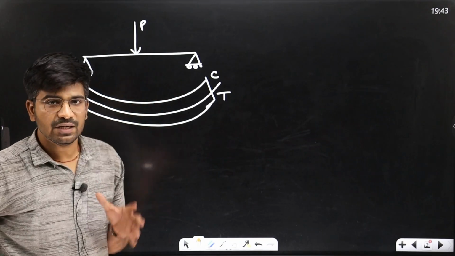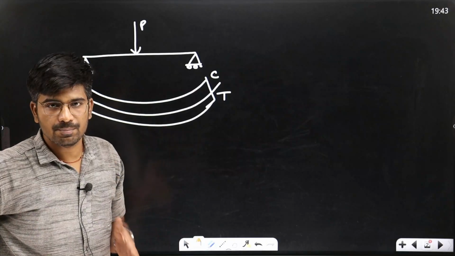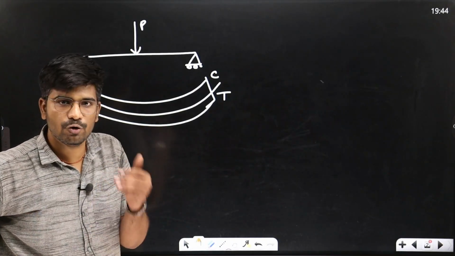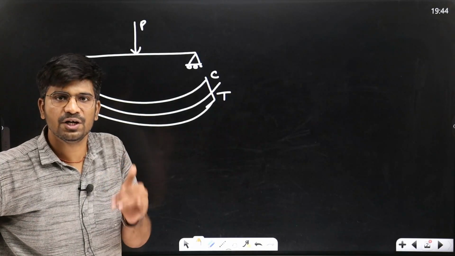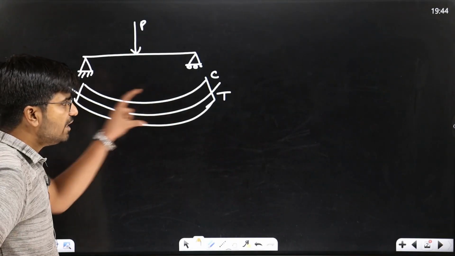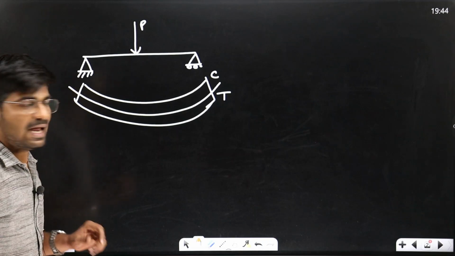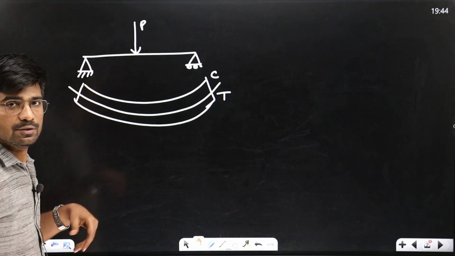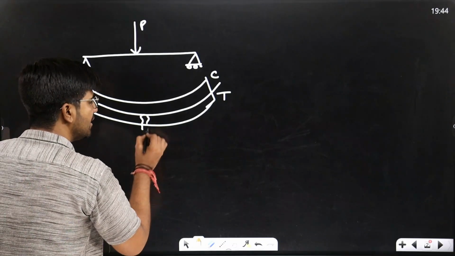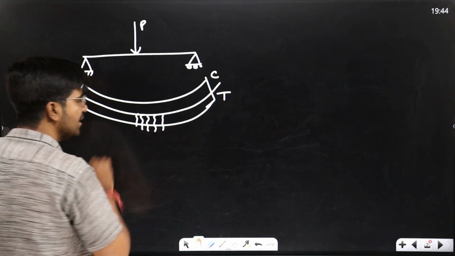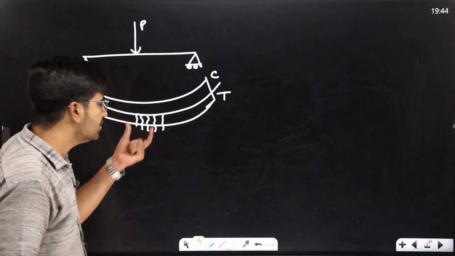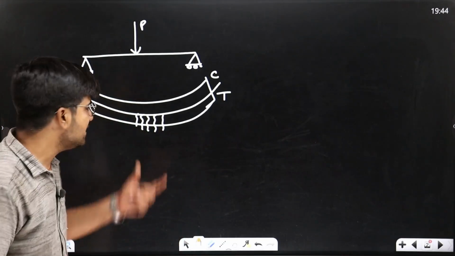When you are using a plain cement concrete beam, meaning in the whole beam only concrete is there, and we all know that concrete is good in compression, and we apply a load, the beam will bend and you will see that cracks are coming in the tension zone because concrete is weak in tension.